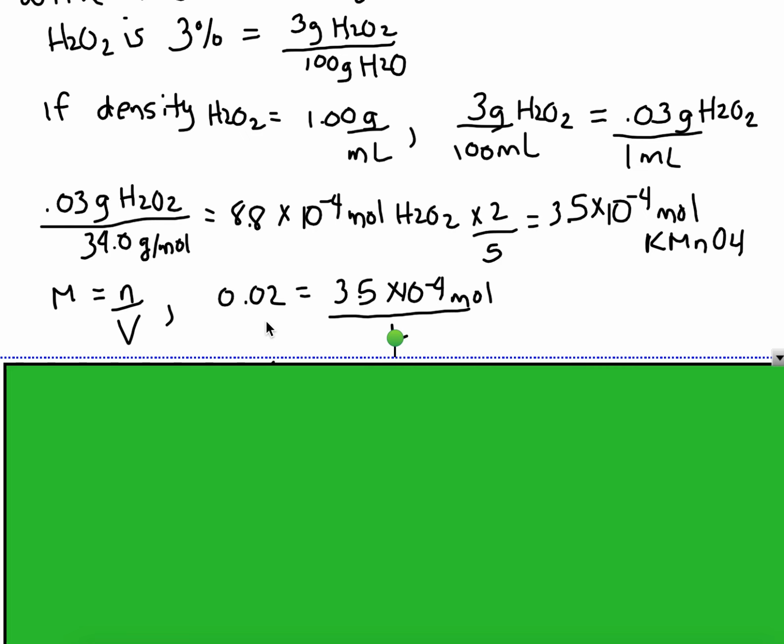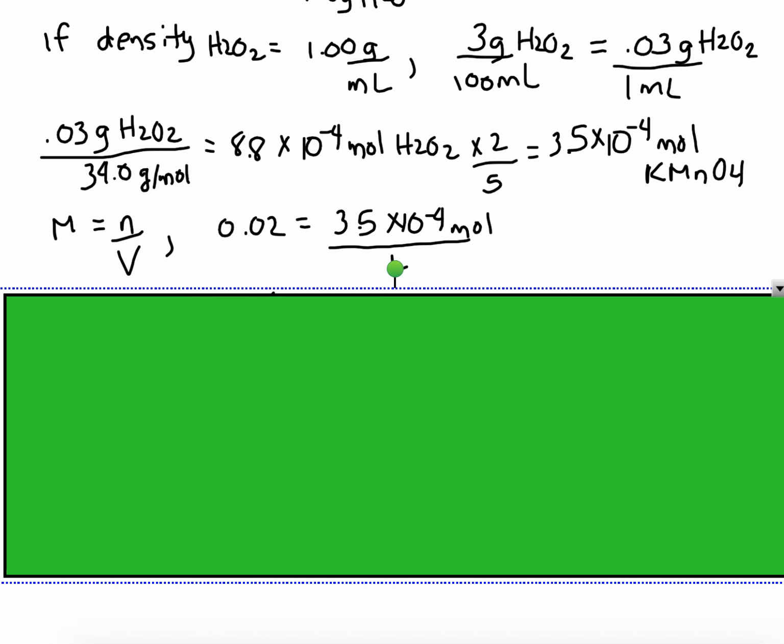I know this, or this is your concentration of your potassium permanganate. You can substitute your standardized value if you want, equal the moles of potassium permanganate that I have calculated based on the fact that there's 0.03 grams in a milliliter of hydrogen peroxide.